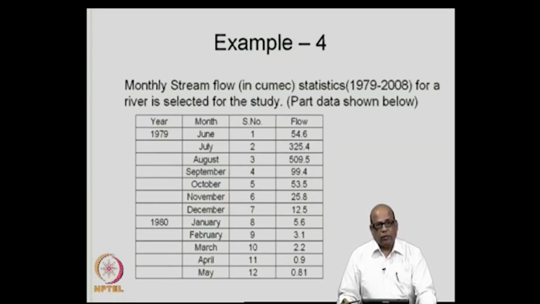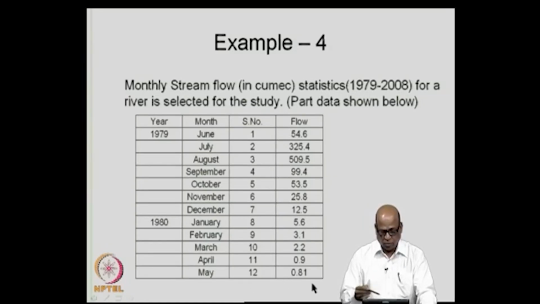Now, we will consider the same data that we considered in the example on spectral analysis. There are 348 values, and only 12 values are shown here. This is monthly streamflow data between 1979 and 2008, so n is equal to 348.